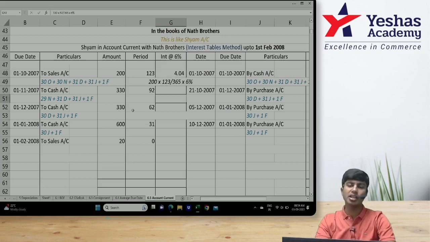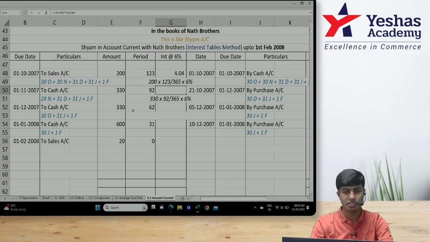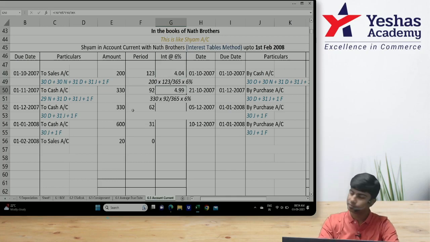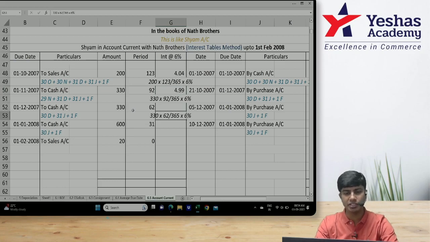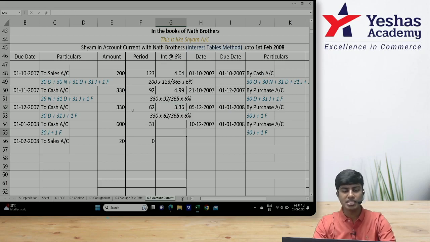Okay. 330 into 92 by 365 into 6%. Very good. 330 into 62 by 365 into 6%. Very good. 600 into 31 by 365 into 6% is 3.06, with 5 as the third digit.